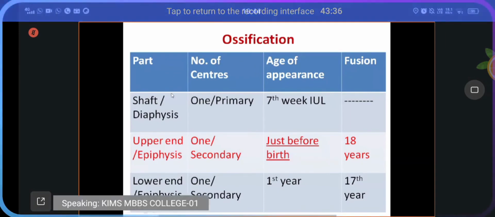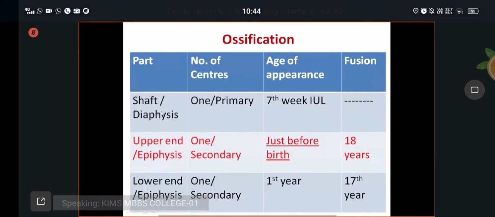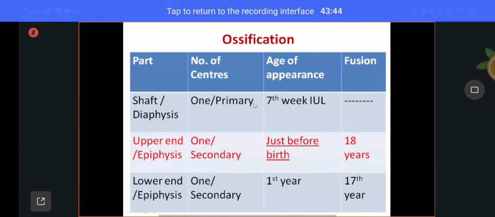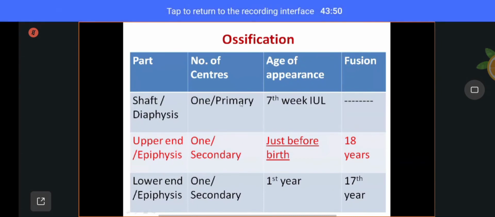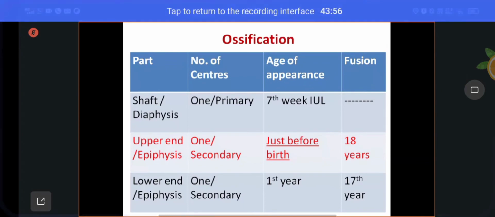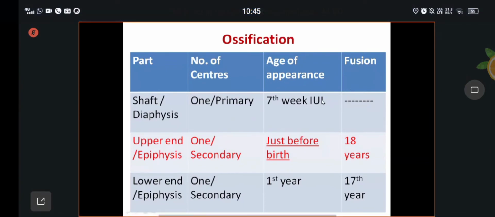Sometimes they may be present, may not be present, but 100% two secondary ossification centers. So the main part, the shaft, in the developing stage is called diaphysis. It develops from one primary ossification center. The primary ossification center, according to the laws of ossification, always develops before birth.